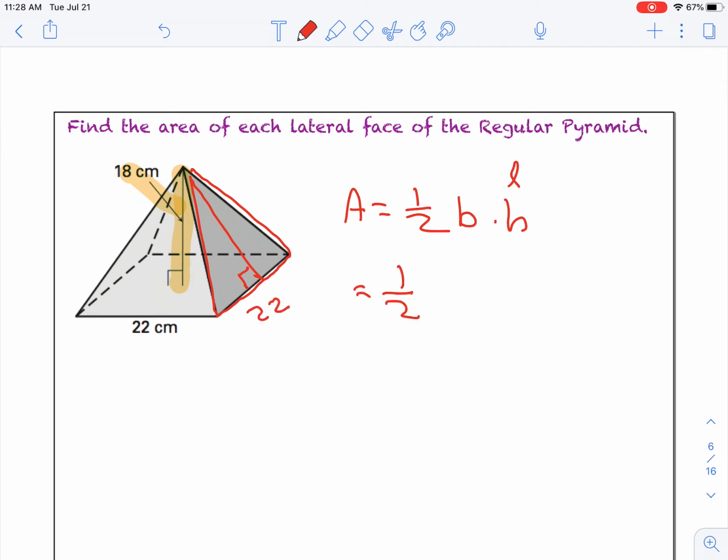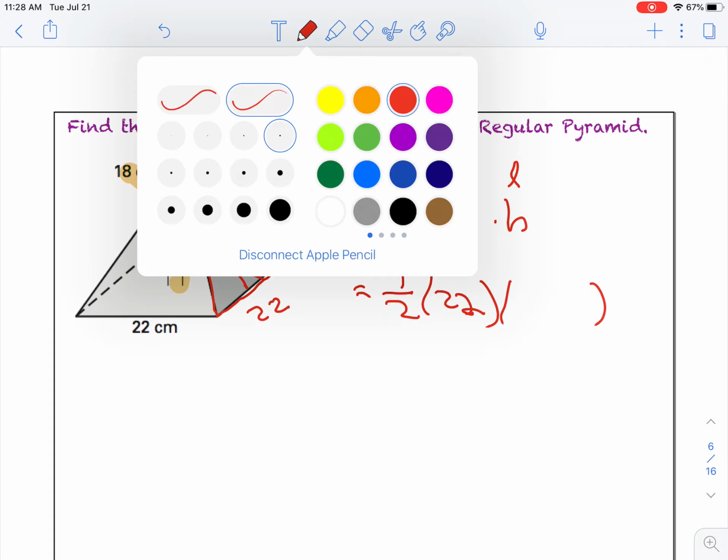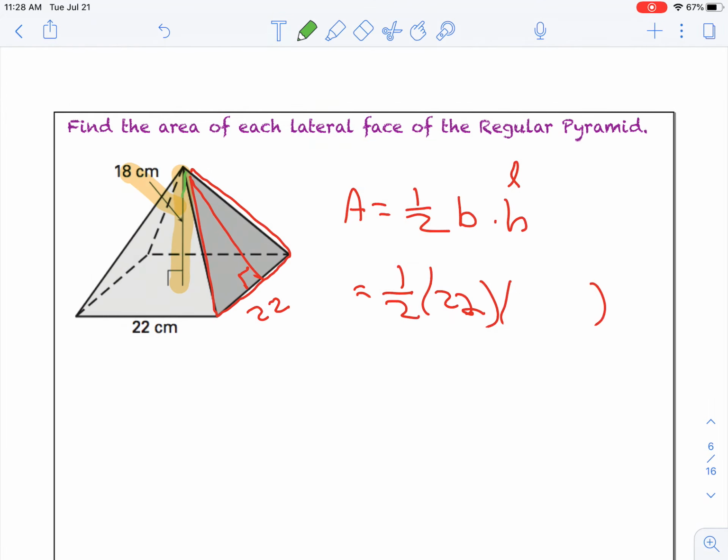So I can take 1/2 times 22, but now I need to work on finding that. And if you notice here, this height is perpendicular, and it goes out here. And so this is also a right angle, so we can actually use the Pythagorean theorem to find that slant height.